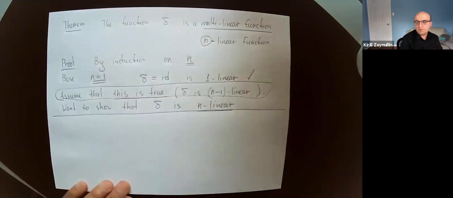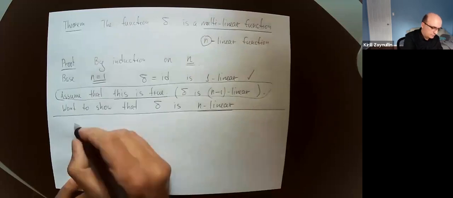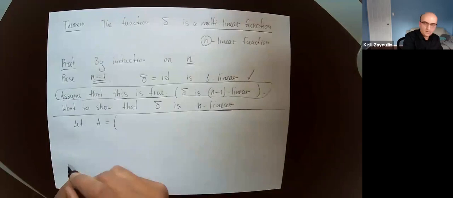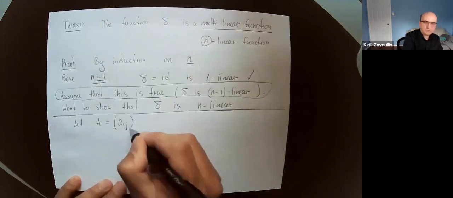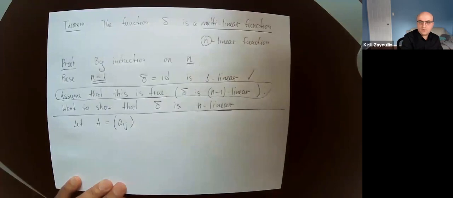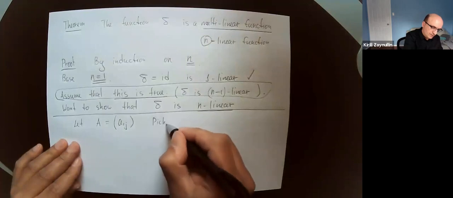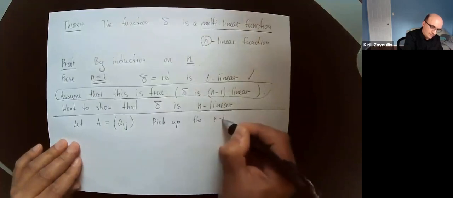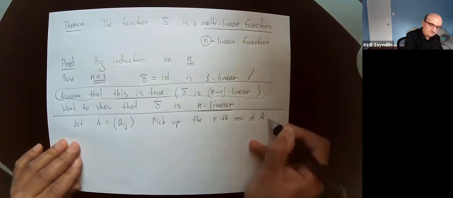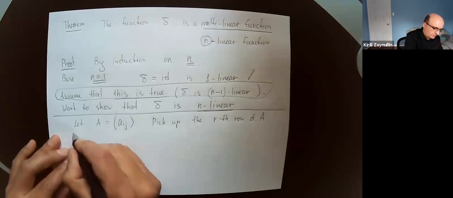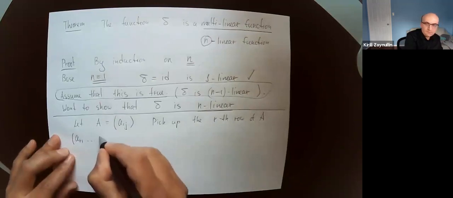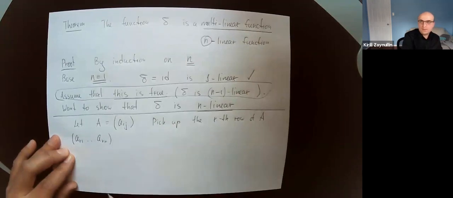Basically, we need to introduce some notation, as usual. As before, the matrix A will have coefficients a_ij, and now suppose that we pick up the r-th row of A, a_r1 through a_rn.